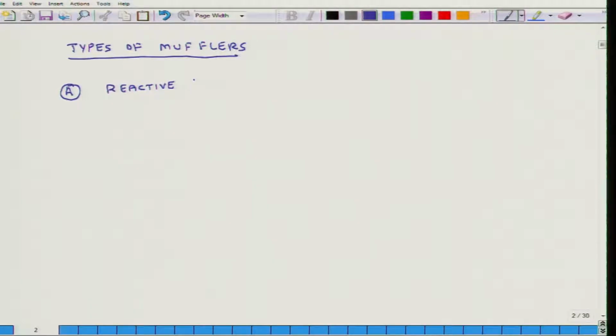Several times these reactive mufflers are also called reflection mufflers. And further, in certain cases, they are also known as expansion type mufflers. So, how do they look? Typically the shape of these mufflers looks like this.